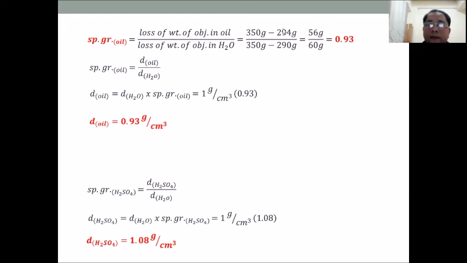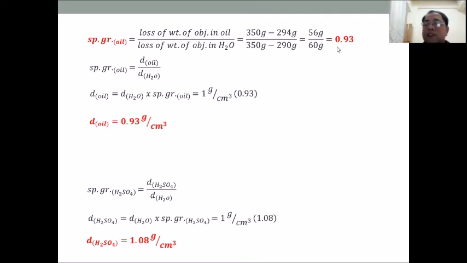Now, the loss of weight of the object in oil will be equal to 56. And this amount of oil that probably spills out or is displaced is equal in volume to the 60 grams of water. So therefore, the ratio will now be equal to 0.93.